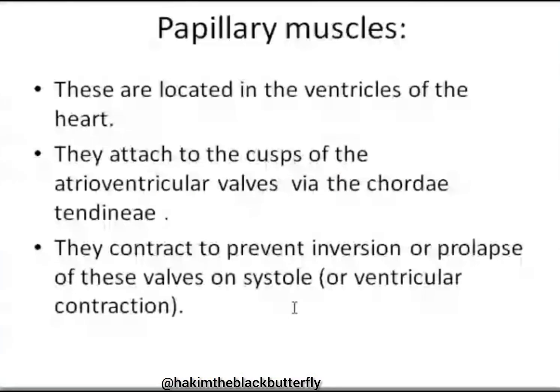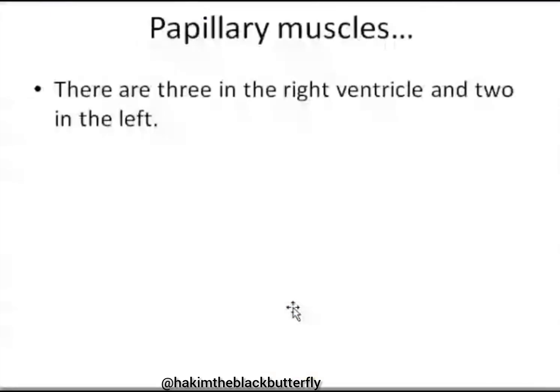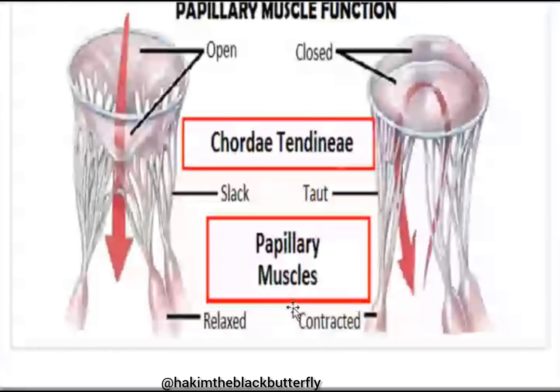Remember, the papillary muscles on the right are smaller than the papillary muscles on the left. The same applies to this illustration. So here we are saying that when the papillary muscles are relaxed during diastole, the valves open. They pull the valves open, and blood moves from the atria to the ventricles.